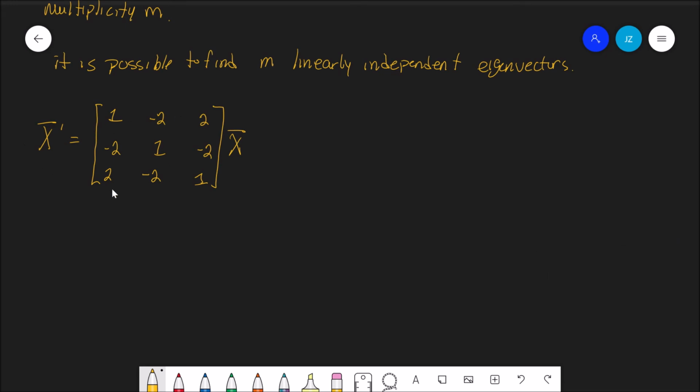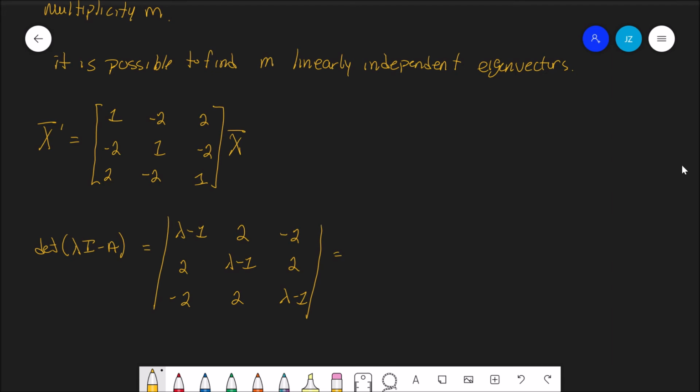So this is our matrix A here. So we want the determinant of lambda I minus A. So I have lambda minus 1, 2, negative 2, 2, lambda minus 1, 2, negative 2, 2, and lambda minus 1.